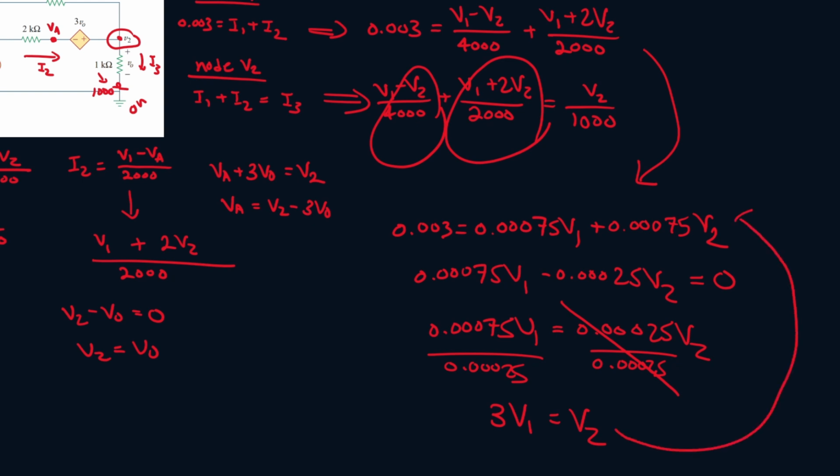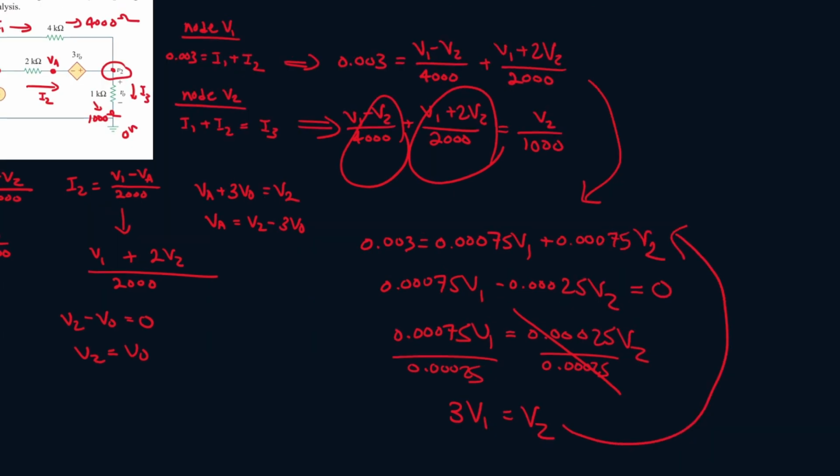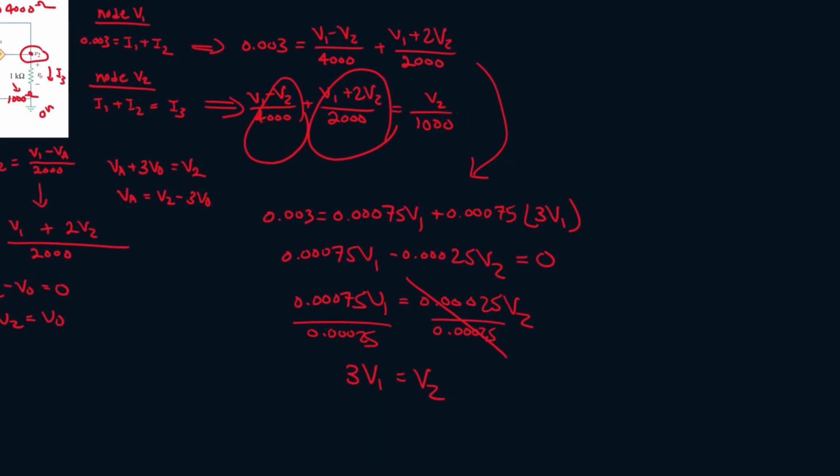Now let's plug that into here. So since V2 is 3V1, I'll put that here, 3V1. And now we can solve for V1. So 0.003 equals 0.00075 V1 plus 0.00075 times 3V1.